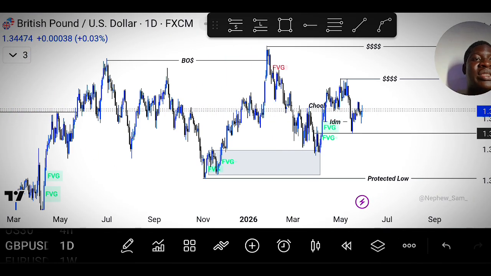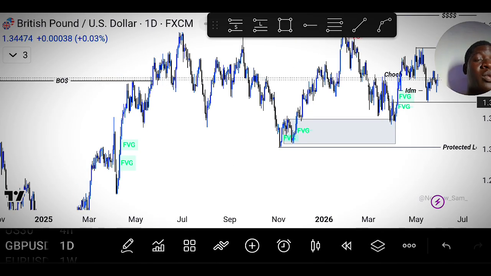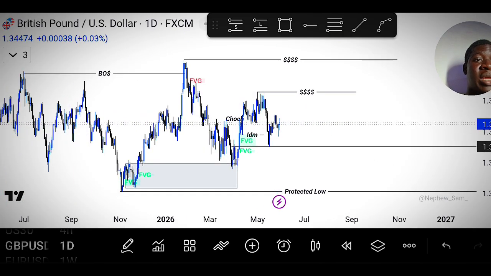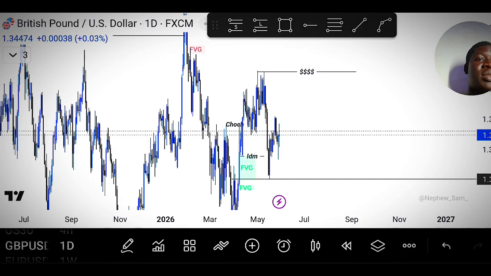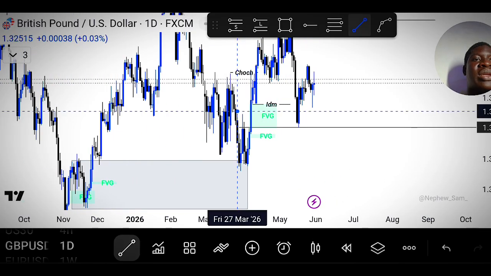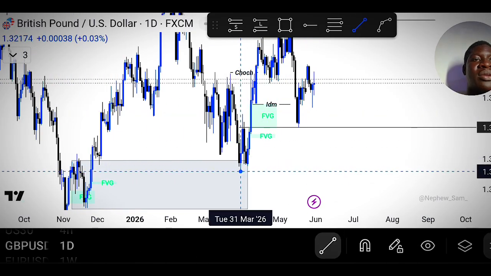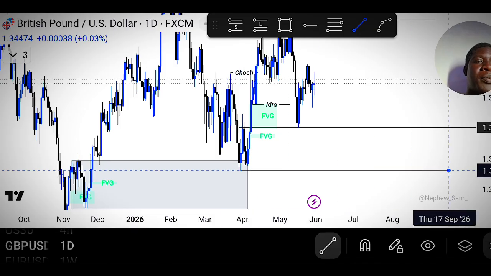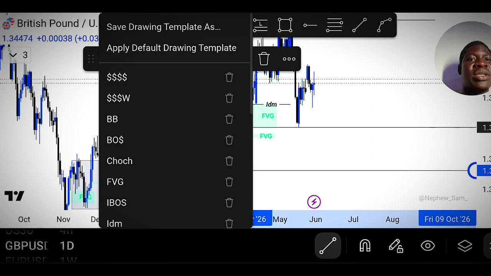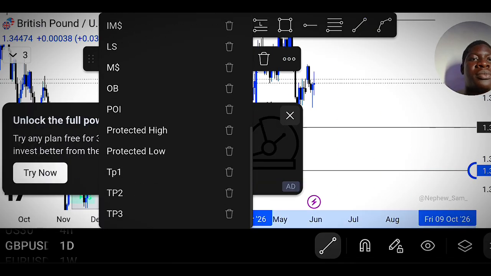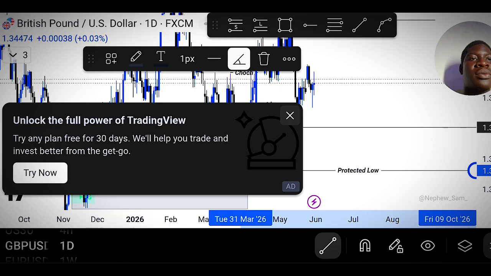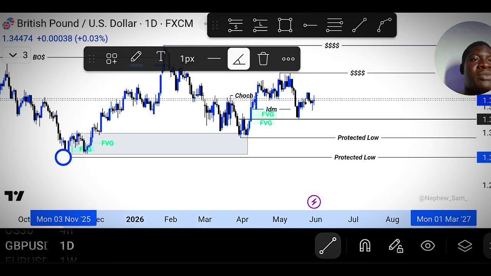Don't forget that this market is an uptrend. And this is our internal protected low. We have another protected low at that area. So for now, I'm going to delete this one.